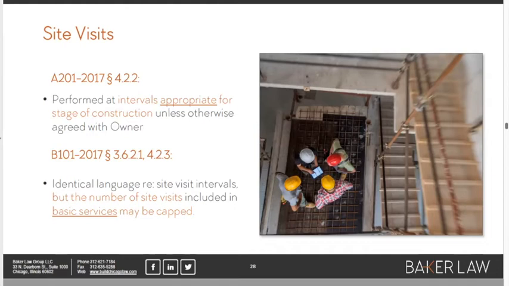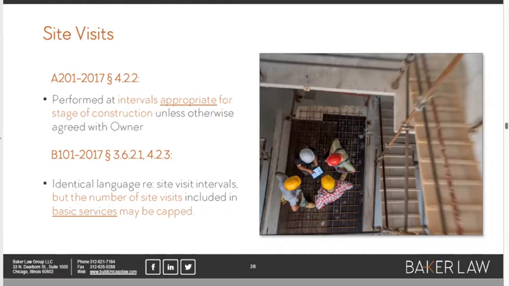And the A201 says that the architect should come when they should come, unless there is a specific agreement between the owner and the architect about how many site visits there will be. And of course, the B101 owner-architect agreement gives the owner and the architect the ability to say, we're going to come out once a month during CA and that's it.